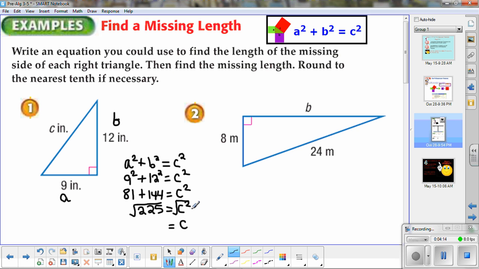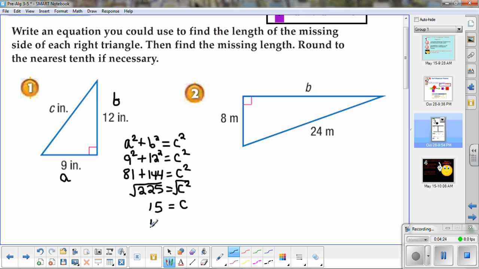You might know that that answer is 15, or you might want to use your calculator. Square root of 225 is 15. And in this case, it's going to be 15 inches because that is our label in the picture. So the unknown side is 15 inches.